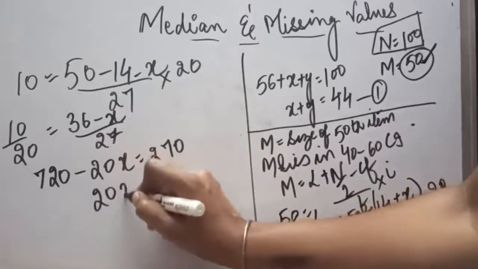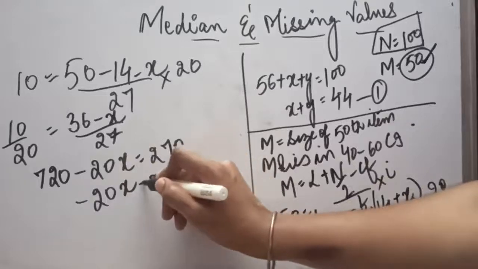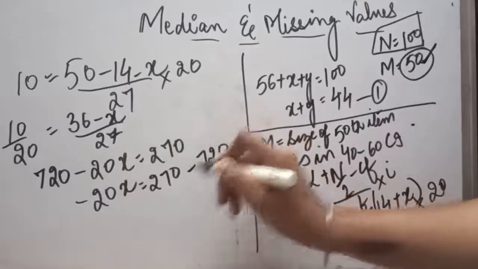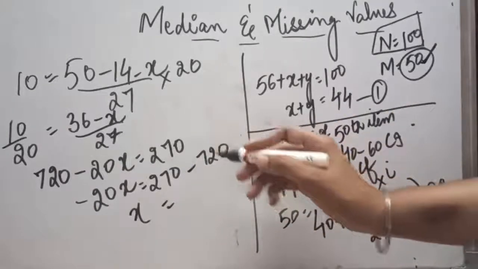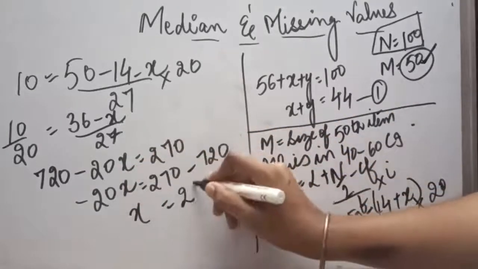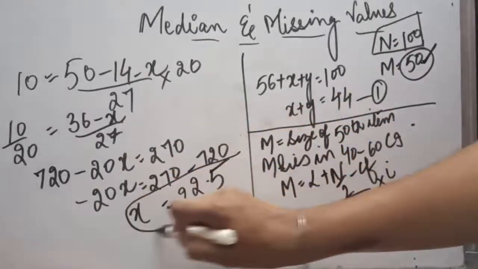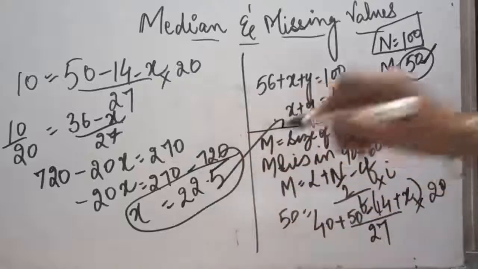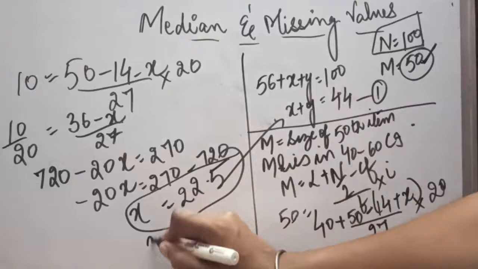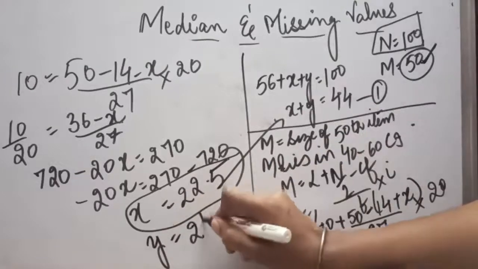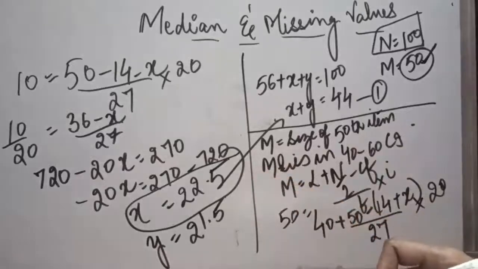Taking 720 to the other side, 270 minus 720, from here we can calculate x, that is 450 divided by 20, which is 22.5. So now we have calculated our x. Now if we put this value into the equation x plus y is equal to 44, we get the value of y, that is 21.5. That will be the final answer.